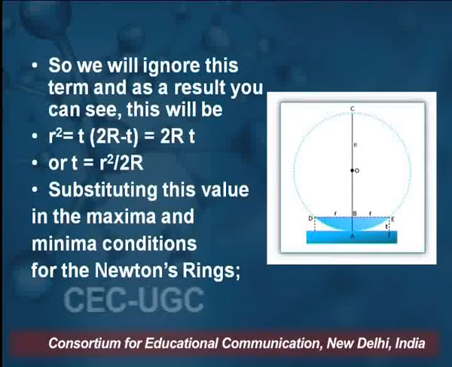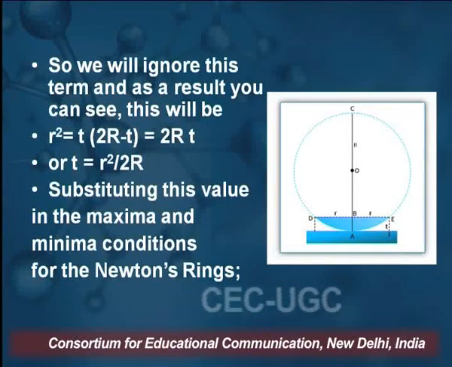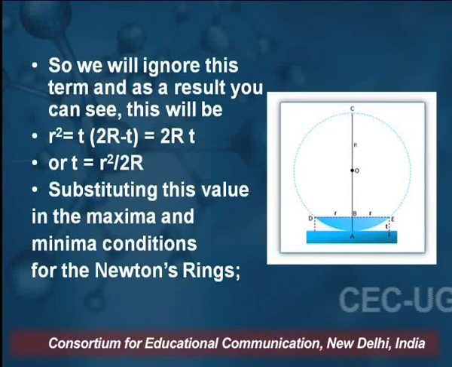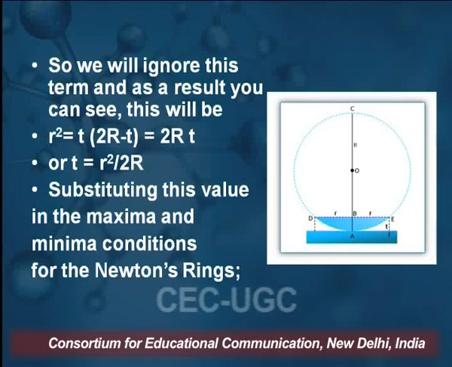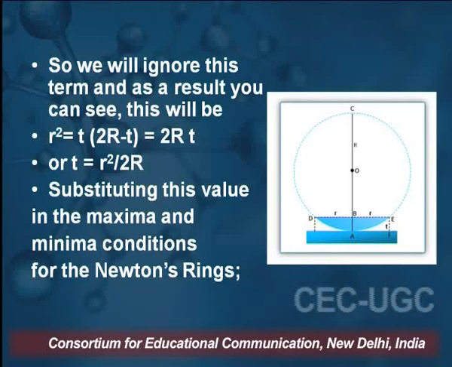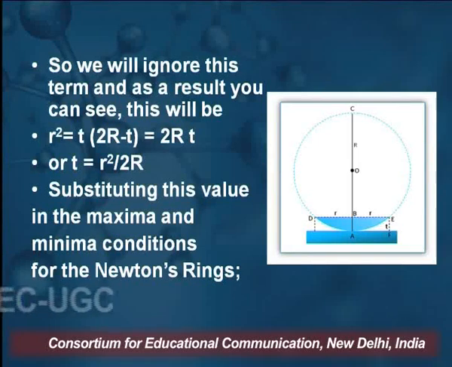So finally we can write r square is equal to 2Rt after ignoring t square, as the value of t square is very small compared to capital R, the radius of the plano-convex lens.